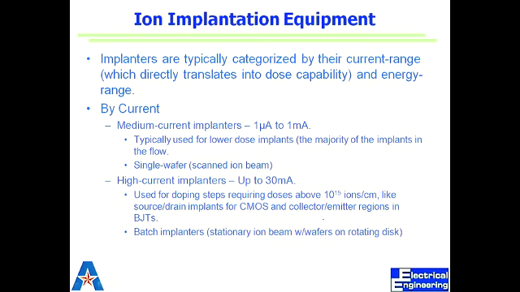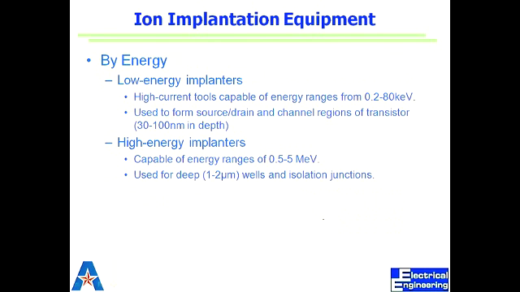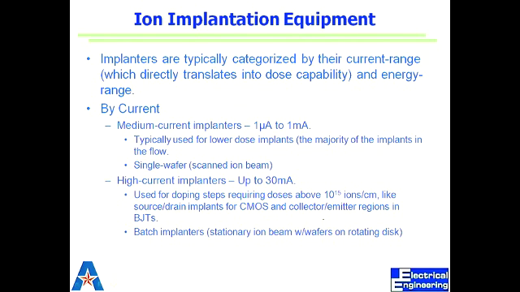How do we characterize or categorize them? By current or by energy that we can implant. Right. Of course, low current or high current give us different doping that we can do.